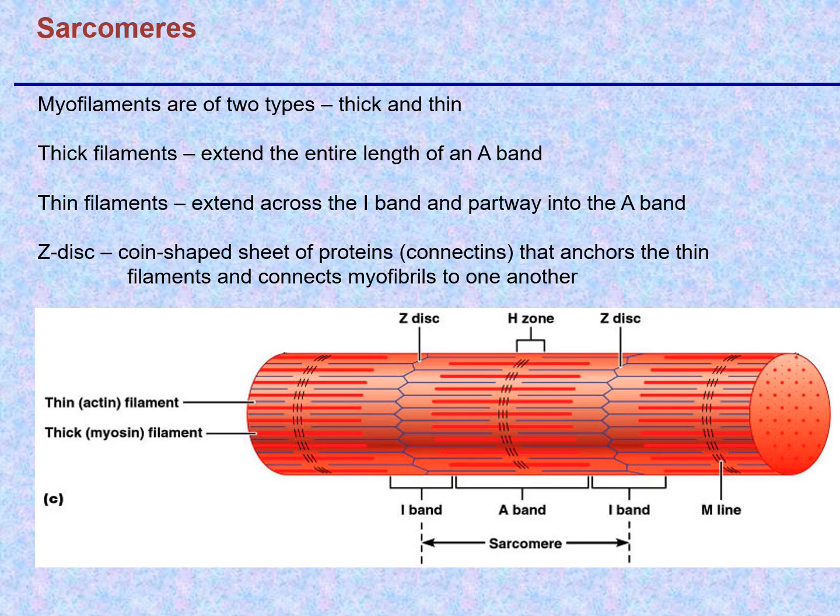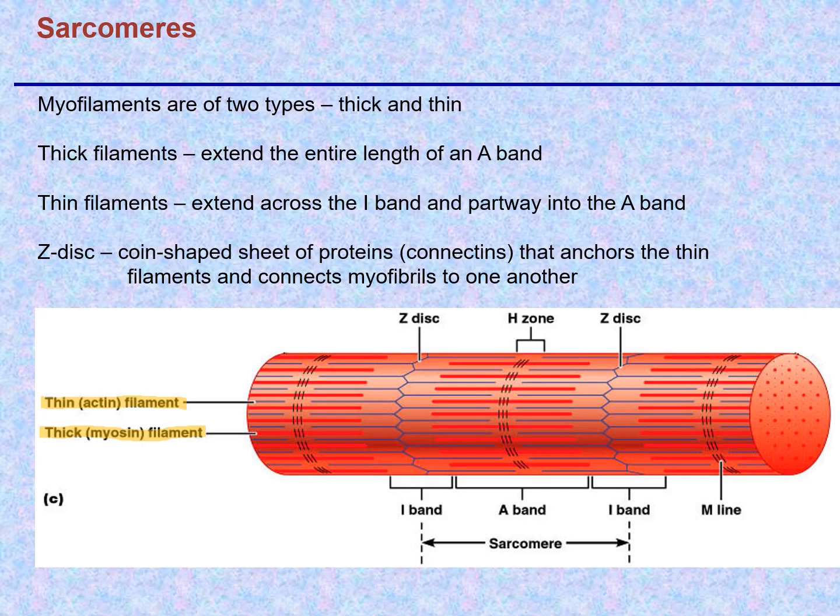What you see here is a section of a tubular myofibril filled with myofilaments. The myofilaments are of two types: thin filaments made up of the protein actin, and thick filaments made of the protein myosin.